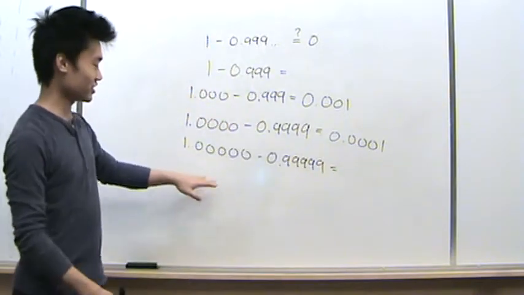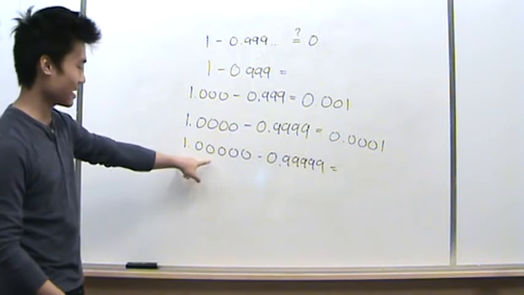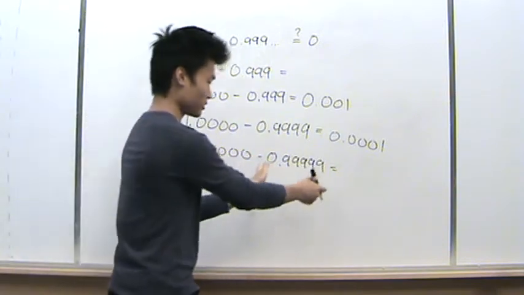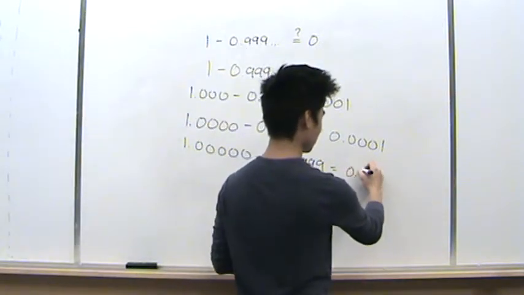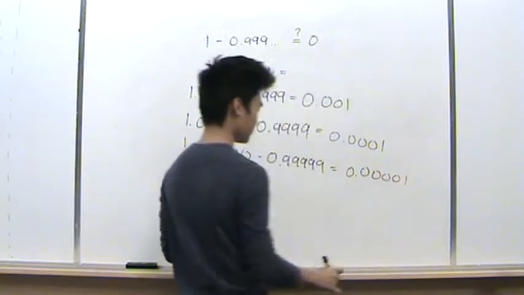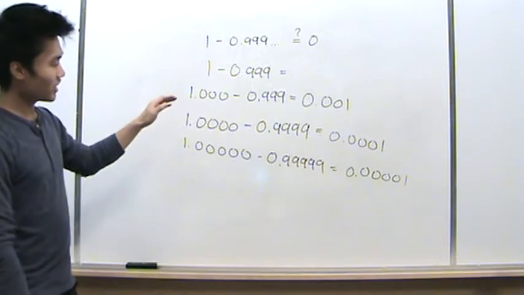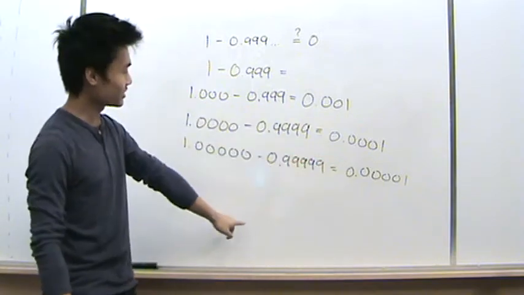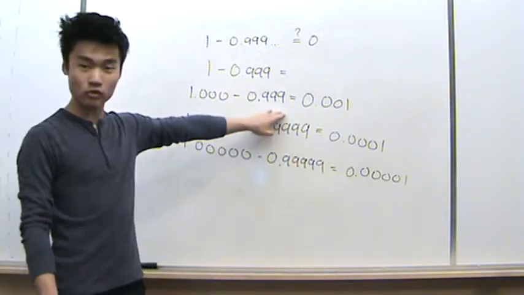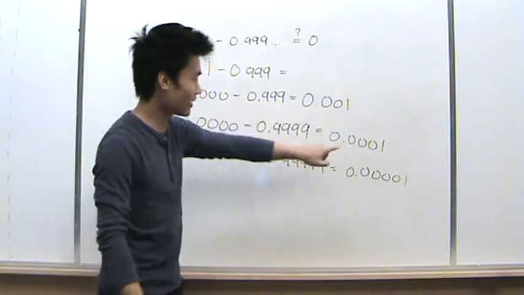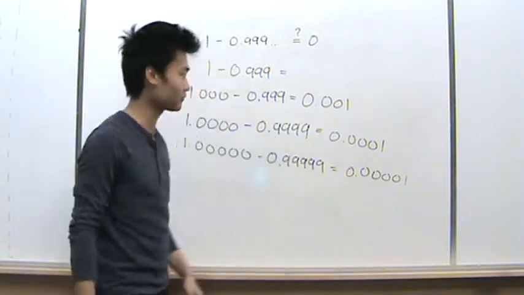Well, you can just think of this as this really large number minus this number of 9s, 0.00001. And we do see a pattern forming on this side. Each time I add one more 9 over here, I have to add one more 0 over here.